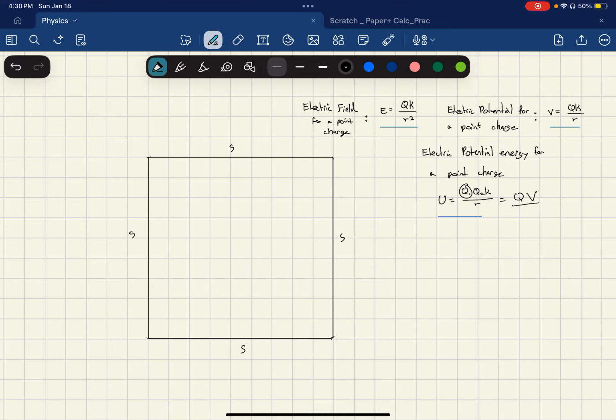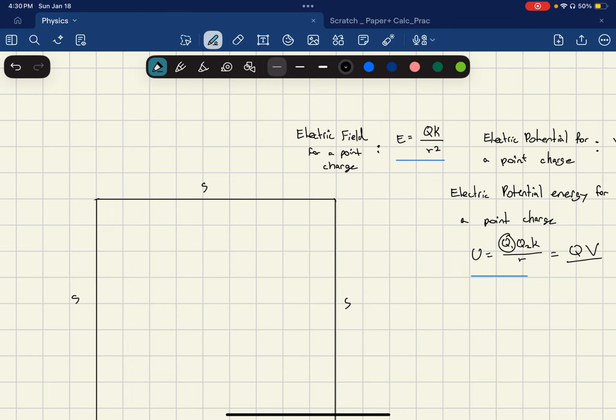So let's say I brought a charge from infinity, from a far distance, all the way to this place right here. Now, what was the work or the energy it took to bring this one charged particle to this corner? So here we can start writing our U of system.